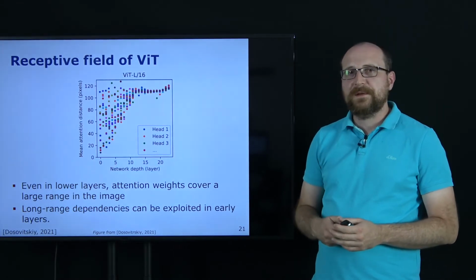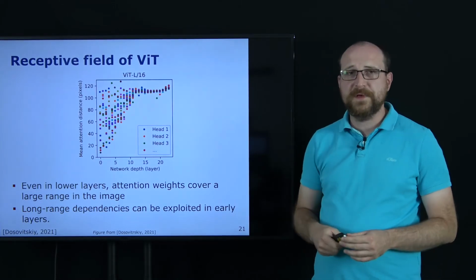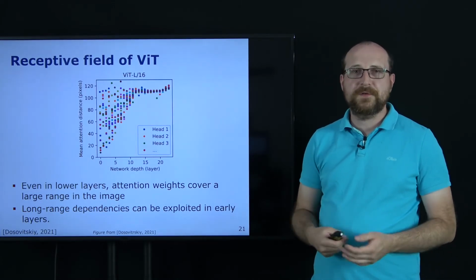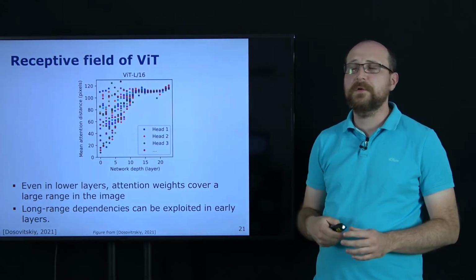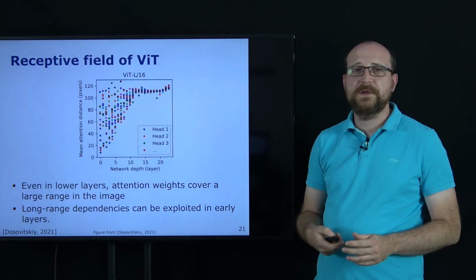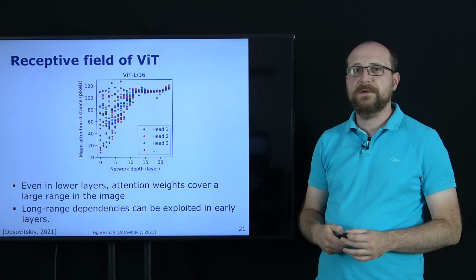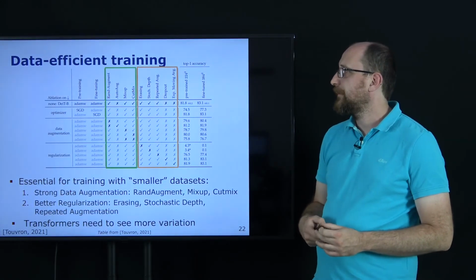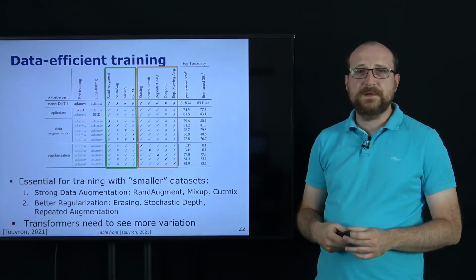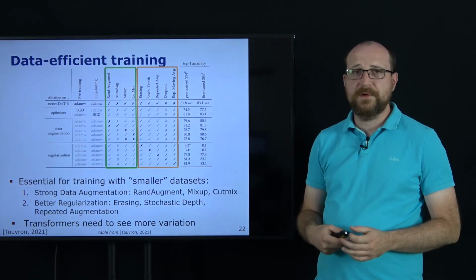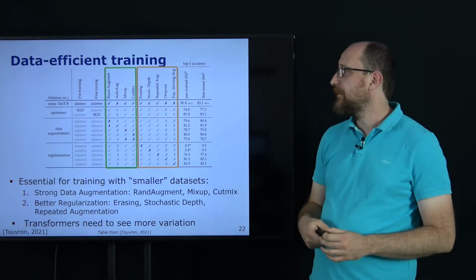But the problem is that we have this very powerful method, but we need a very large dataset to pre-train it. So the first thing to look at was how to get rid of this pre-training on a very large dataset. For this, one other paper investigated how to achieve similar results with much less, or just using ImageNet for pre-training.